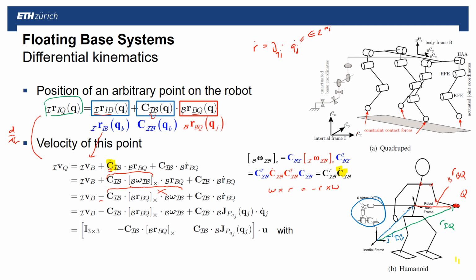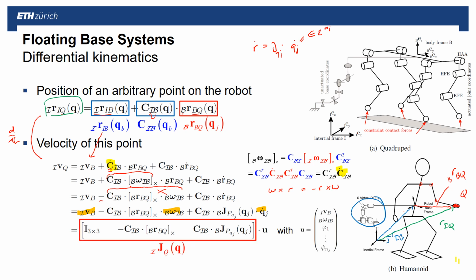I can move out all these components, this component, this component, and this component, which I stack in U. I stack these ones in U, so I have this here, here, and here. And then I have identity for mapping the u's to base velocity.